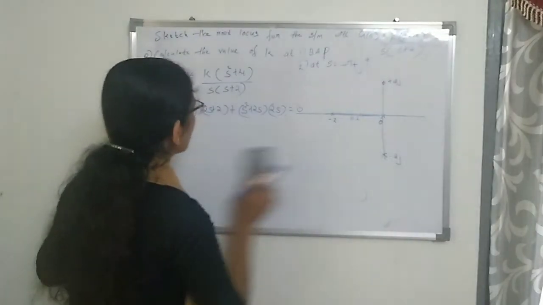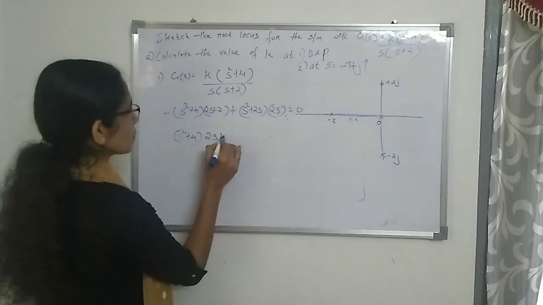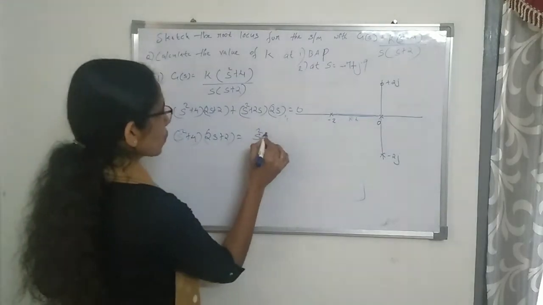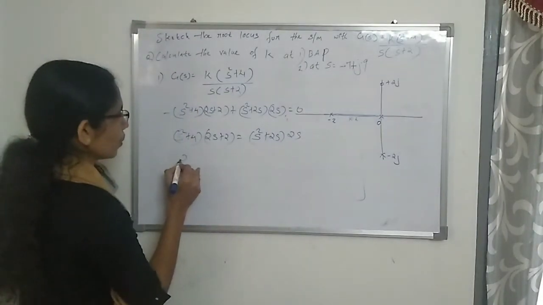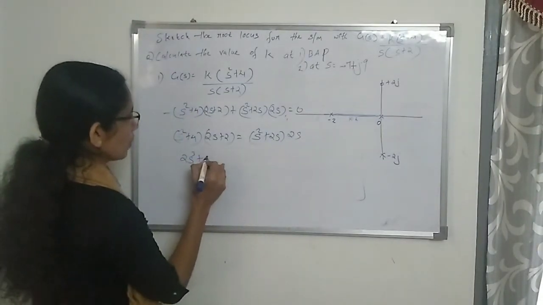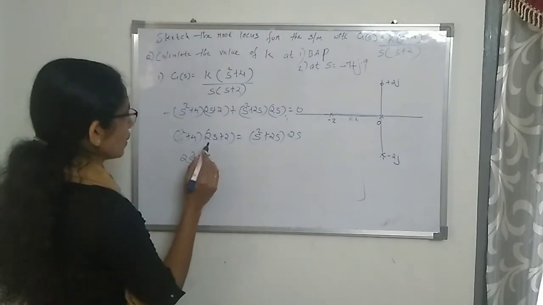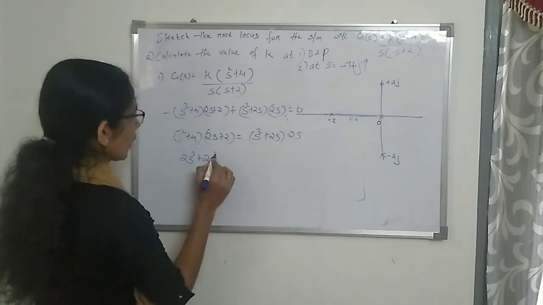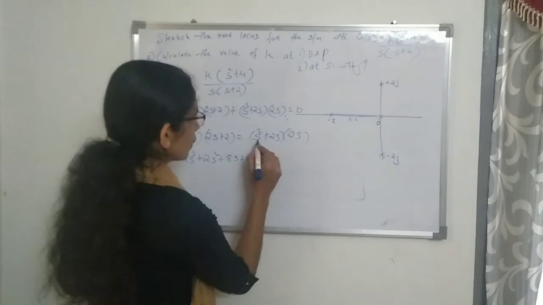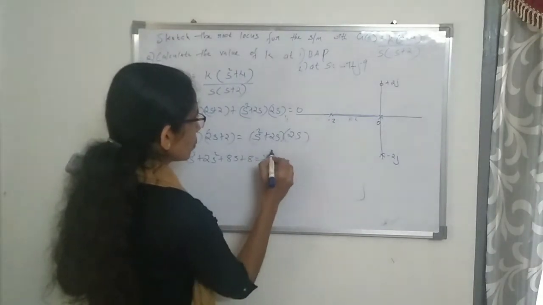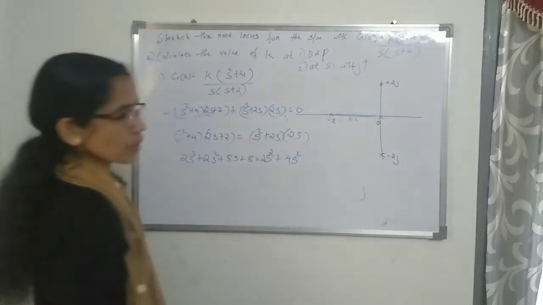Therefore it becomes (s^2 + 4)(2s + 2) = (s^2 + 2s)(2s).